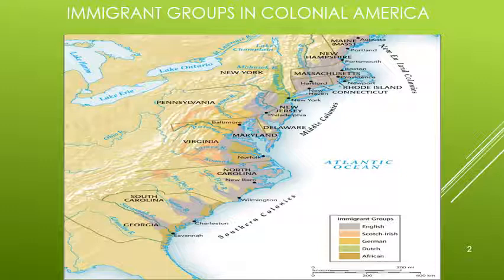Next, probably the next most common would be people of Scotch-Irish descent, which you see here and here and in western Pennsylvania. Note that those people are pushed away from the coastal areas and away from sources of water like rivers. This has a lot to do with their social status.